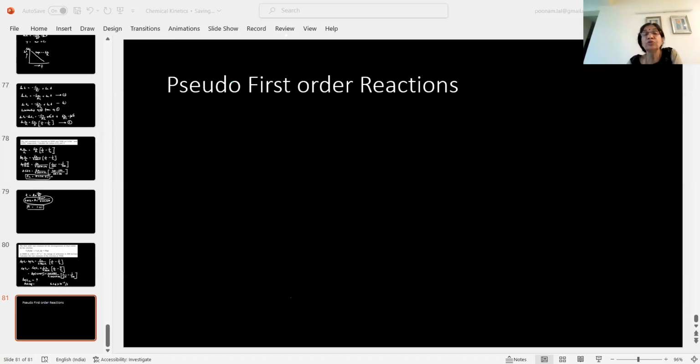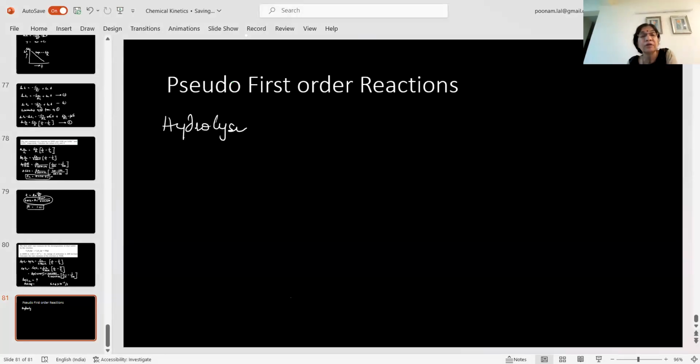So what is a pseudo first order reaction? There are a few reactions, I'll take a few examples. One is the hydrolysis of esters. You know what an ester is: CH3COOC2H5.